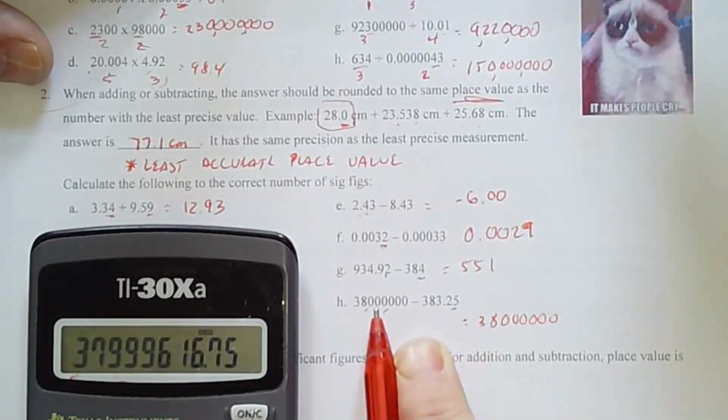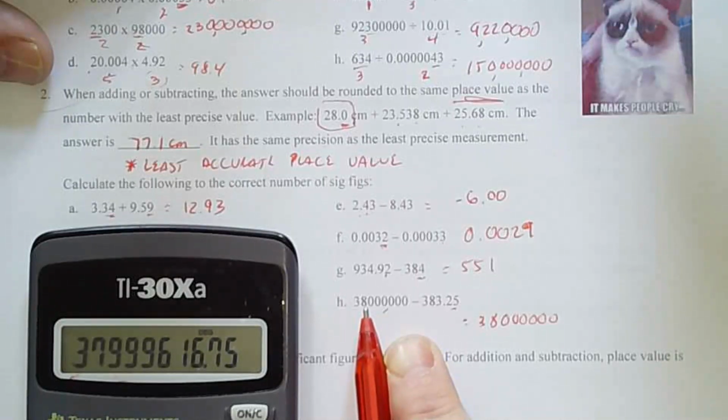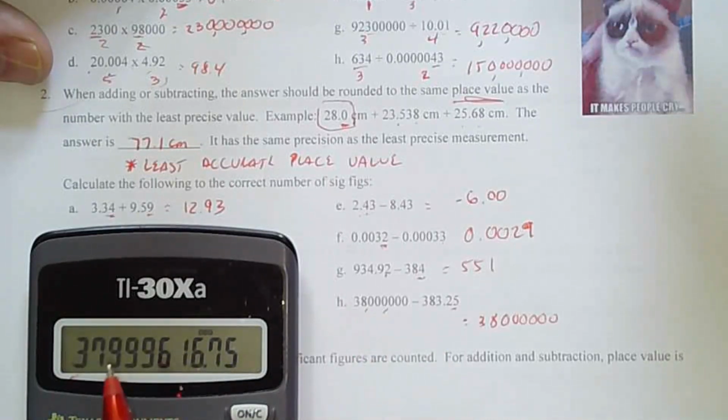Because we have to round to the nearest million, in order for this to even register, we'd have to subtract close to 1 million from it to say that this number's changed whatsoever, because of how inaccurate that is.